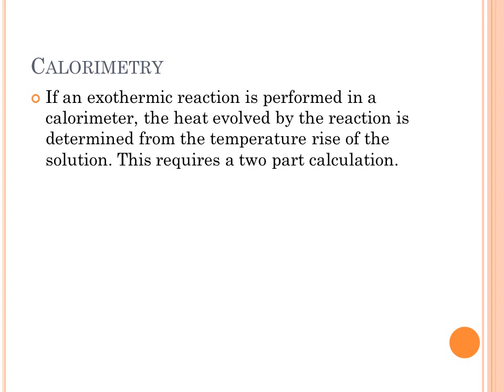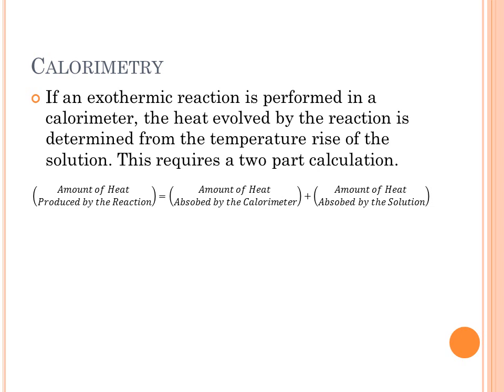Now, if you have an exothermic reaction performed in a calorimeter, the heat evolved by the reaction is going to be determined from the temperature rise of the solution. It's going to require a two-part calculation, however, because the amount of heat produced by the reaction will be the amount of heat absorbed by that solution, but you're going to lose some, and some heat might be transferred to that calorimeter, even if you design it to be a fairly effective insulator, or lost into the environment.